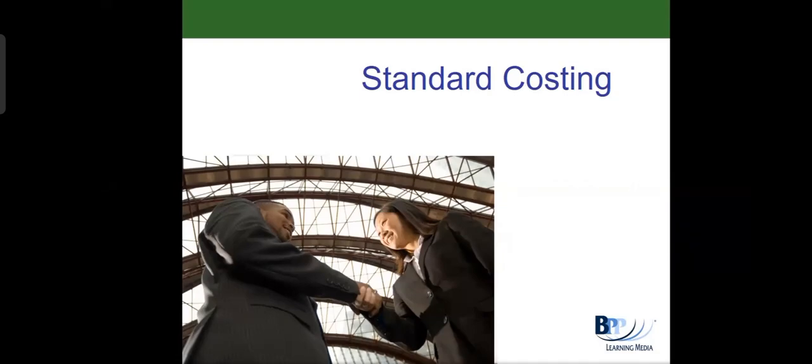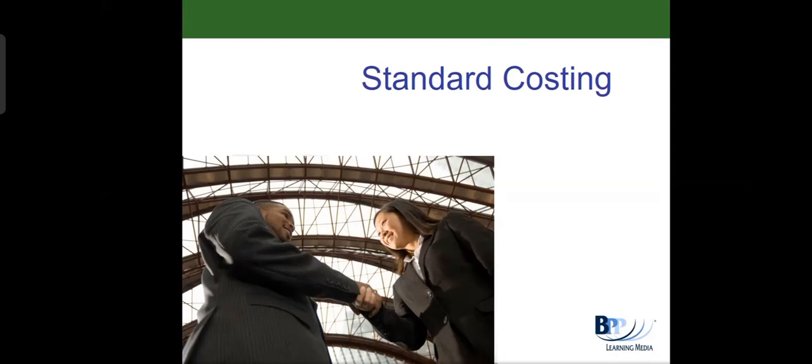So standard cost is the cost of producing a standard unit of output. Whatever your standard unit of output is, it is the cost of making that. And what does standard cost include? It includes standard material, which means how many square meters of wood you need in one table. Standard labor means how many hours we need.